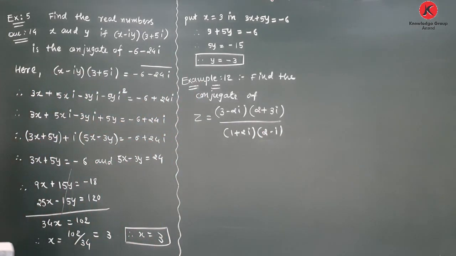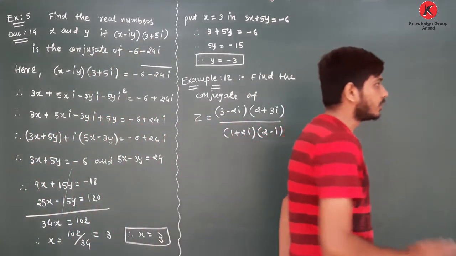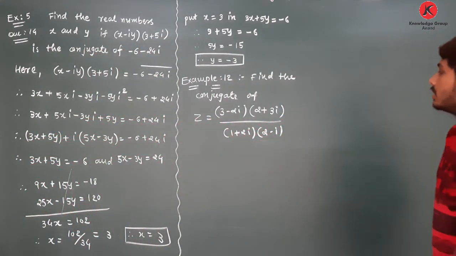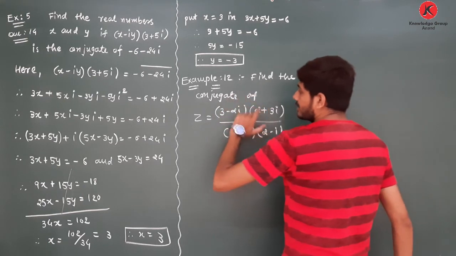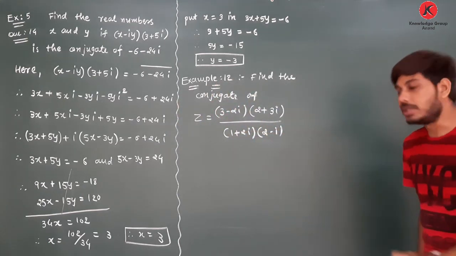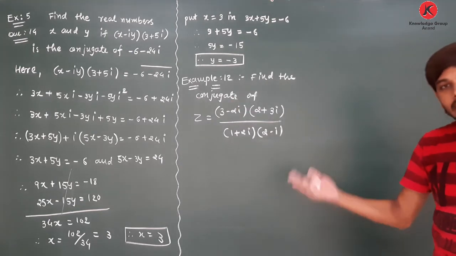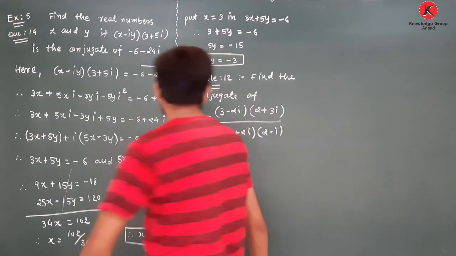Is this complex number in standard form or not? Here the complex number is not in the standard form. First of all, we have to convert this complex number into standard form a plus ib. Then we can directly write the conjugate of any complex number in standard form.